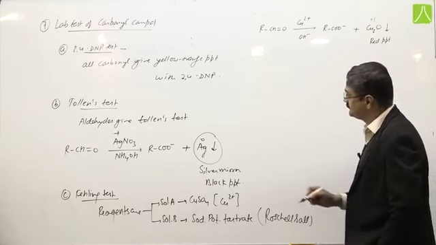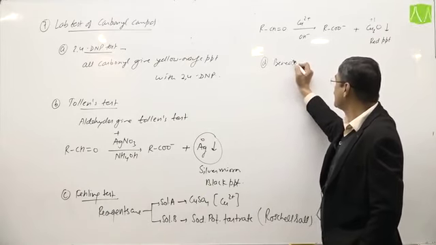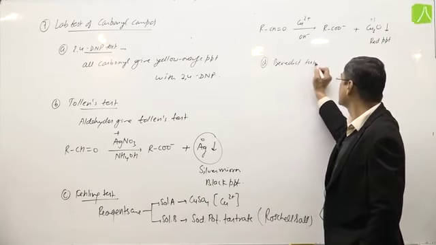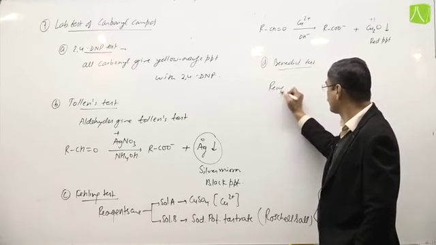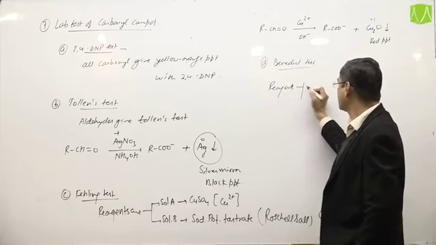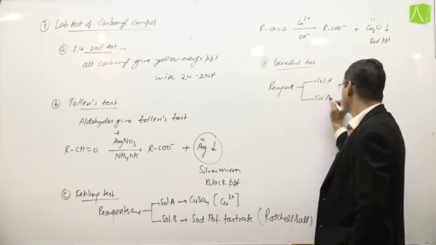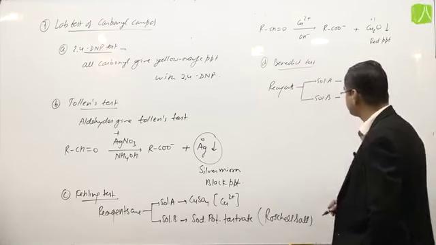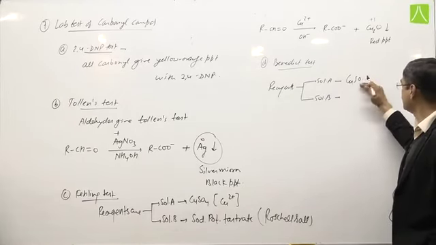Cuprous oxide. The fourth is Benedict test. So it is again the same test. Reagents are again solution A, solution B. Solution A is same, copper sulfate.